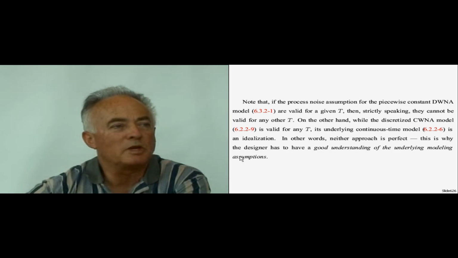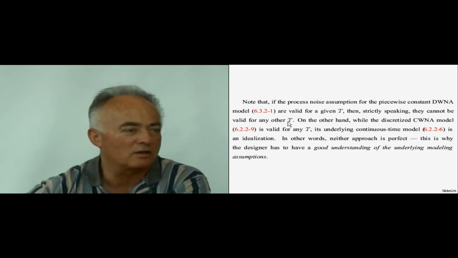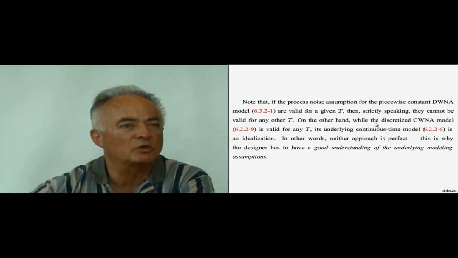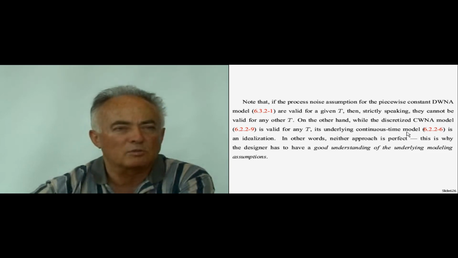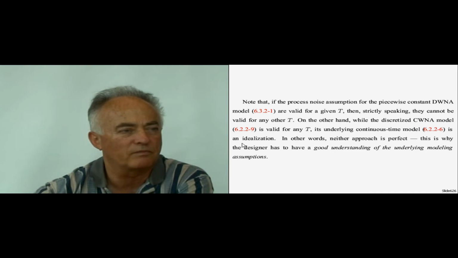And the problem here is that if the process noise assumptions for a piecewise constant discrete white noise acceleration model are valid for a given T, they cannot be valid for any other T unless it's an integer multiple. On the other hand, the discretized continuous white noise acceleration model is valid for any T. The underlying assumption that you do have a continuous time white noise acceleration is really an idealization.